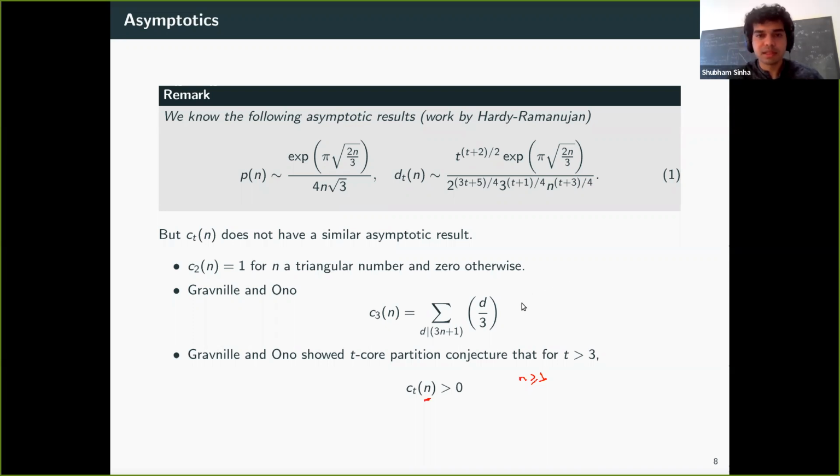So there are three ways to deal with this: using the definition, using the abacus, which we'll discuss, and using the solution of a certain quadratic equation in t minus 1 variables.